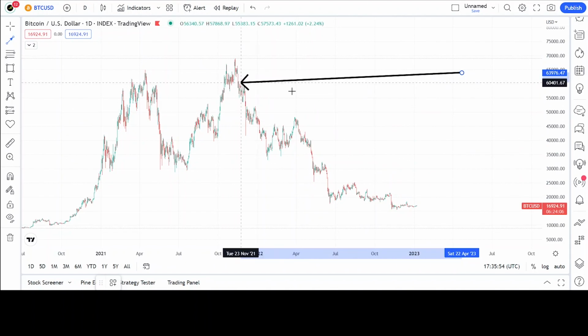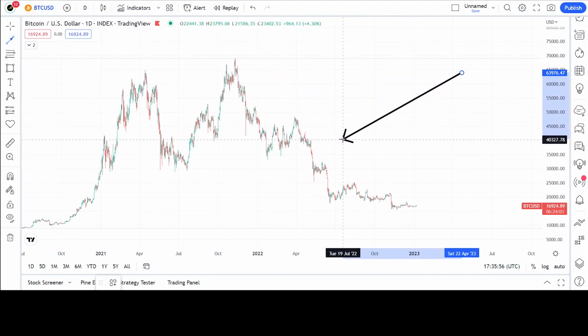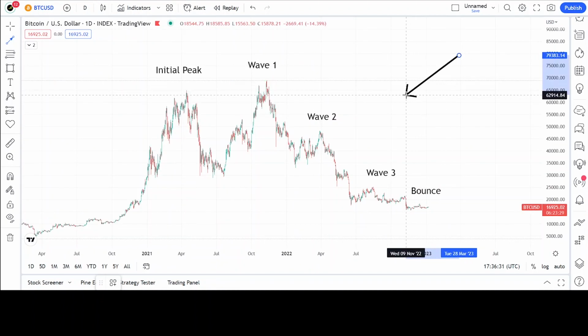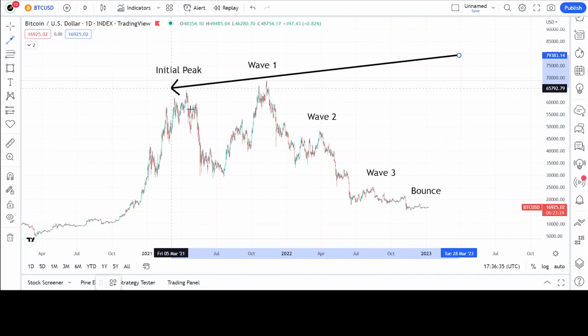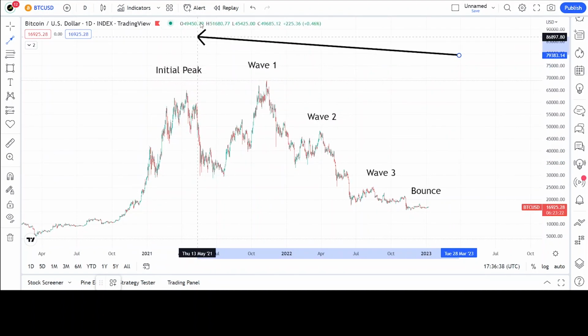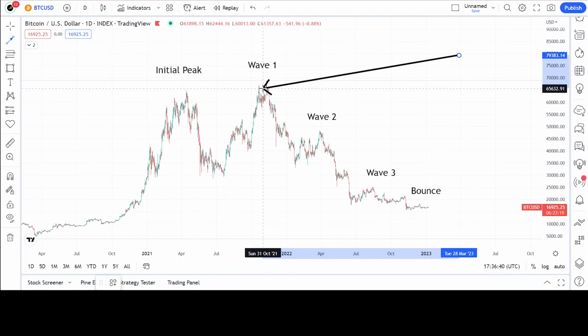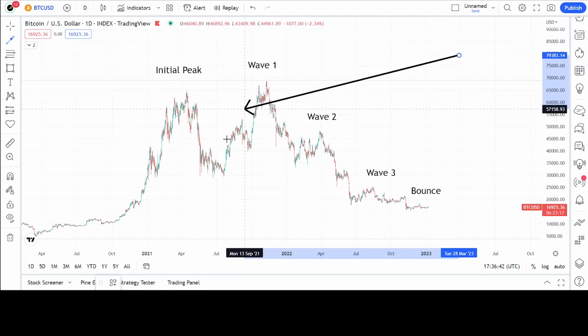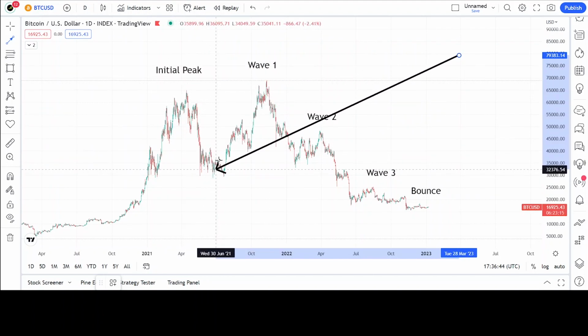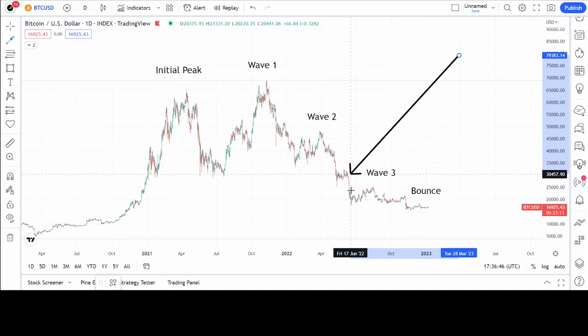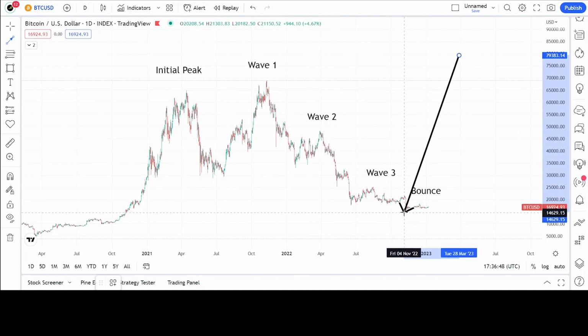So let me delve into the way I see things currently playing out. Okay, so here is the basic structure of this decline. So we have the initial peak. Normally, this peak goes higher than this wave right here, this wave 1. So there's the initial peak. Here is wave 1, here is wave 2, and here is wave 3.